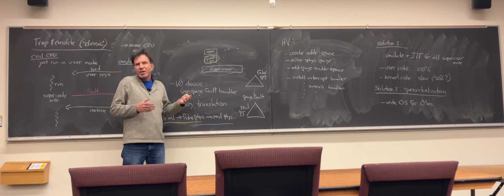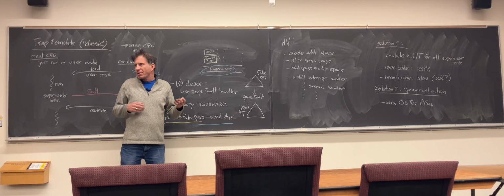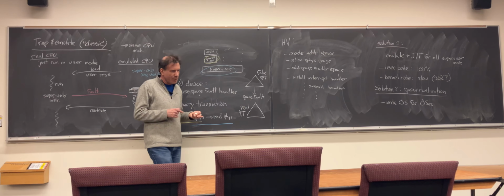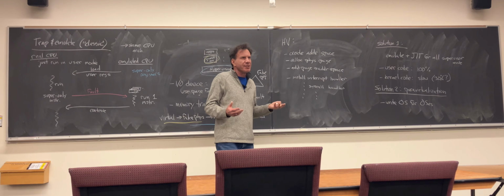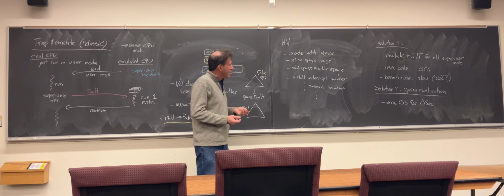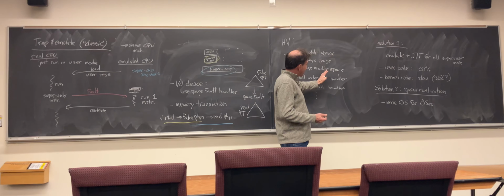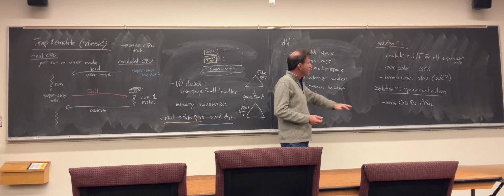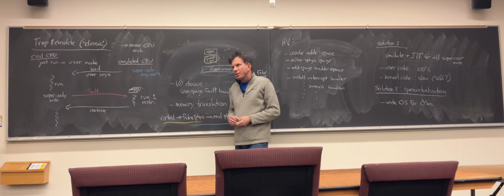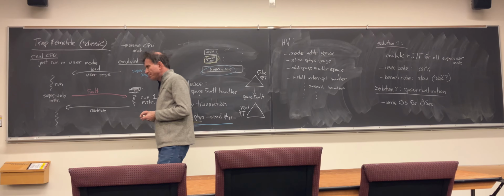Instead, in the same way that your code doesn't execute supervisor mode instructions, we ask the OS to do it through a system call. With paravirtualization, the guest OS asks the hypervisor to do this supervisor mode stuff.